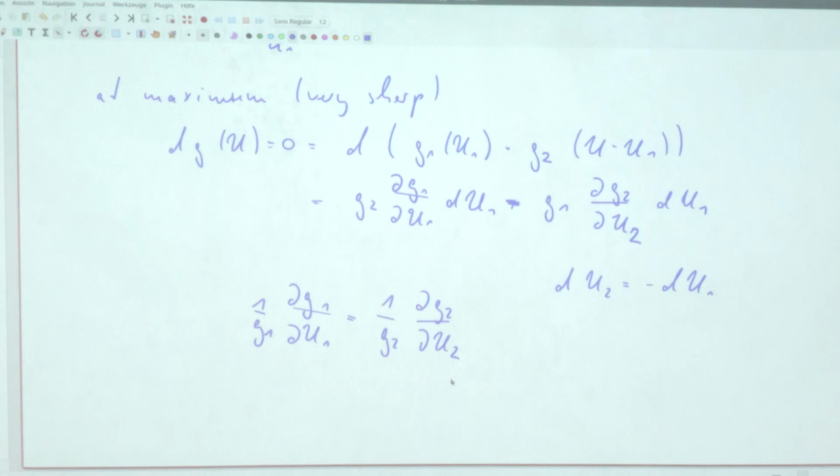So we can write d ln g1 over du1 equals d ln g2 over du2.